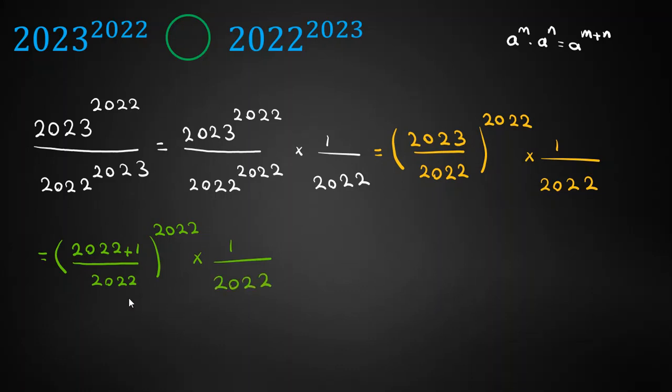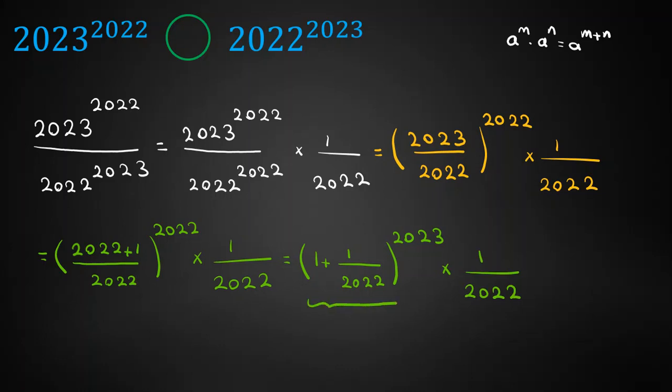Now 2023 is 2022 plus 1, over 2022, to the power of 2022, times 1 over 2022. Here you can divide 2022 by 2022. It will be 1, so it is 1 plus 1 over 2022, to the power of 2022, times 1 over 2022.